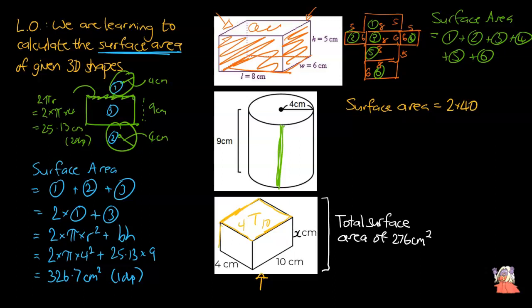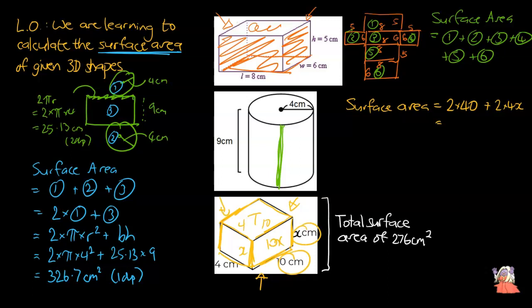I'm now going to deal with the sides, or the smaller sides. Oh gosh, I've written 10, but the height is actually x. So that's going to be 4x. And so is the back side of that shape as well. So it's going to be plus 2 times 4x. And the sides of our shape are going to be 10 times x, and the back part of that's going to be the same.